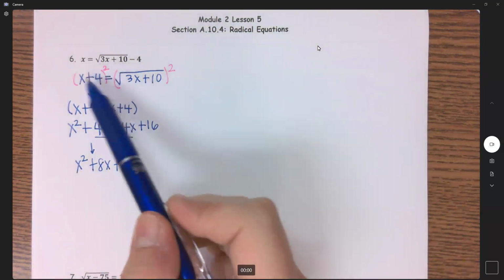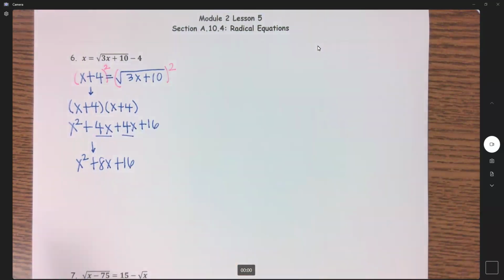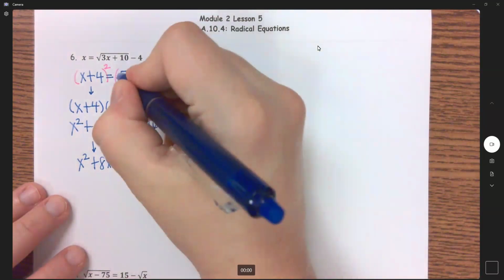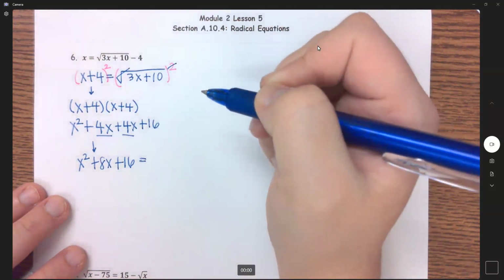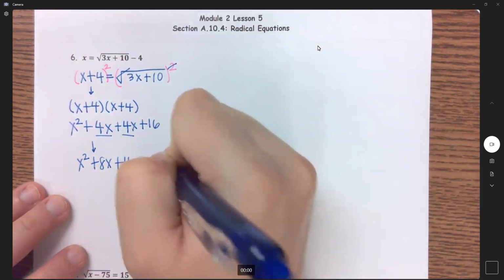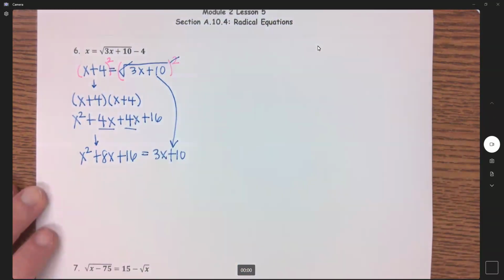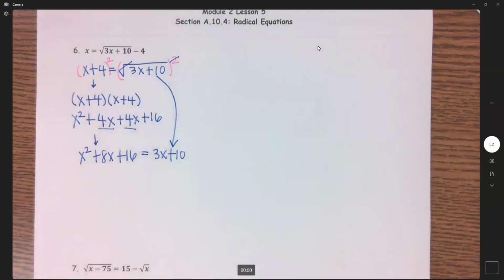If you just distribute that 2, you miss out on this middle term right here. Right? And this is going to equal on this side here, my square root and square cancel, and I am left with 3x plus 10. So what kind of equation do we have?